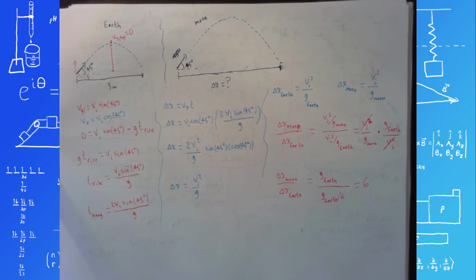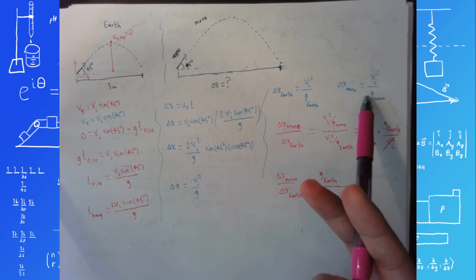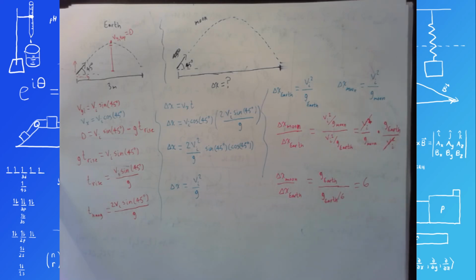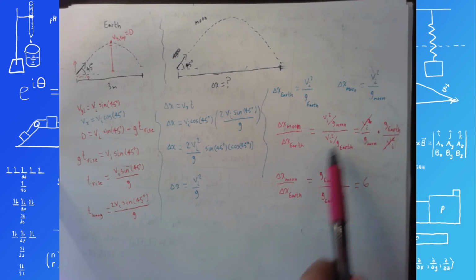We could have done this, again, using more traditional methods. We could have calculated what v initial was at some point, and then just plugged it in using delta x moon equals whatever number we got divided by g moon. But this is just one of those problems that shows you that sometimes holding off on plugging in the values that you know is helpful, because it allows you to discover things that you didn't realize were going to cancel out or simplify or whatever the case may be.